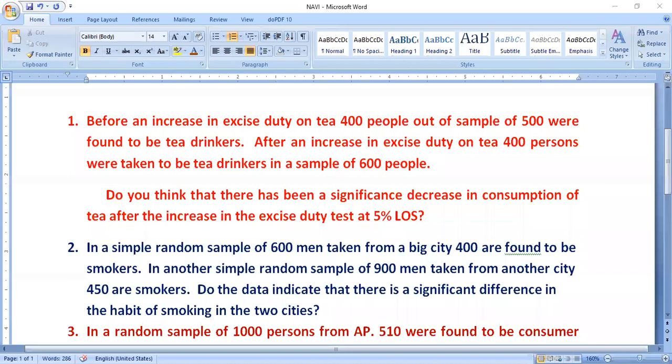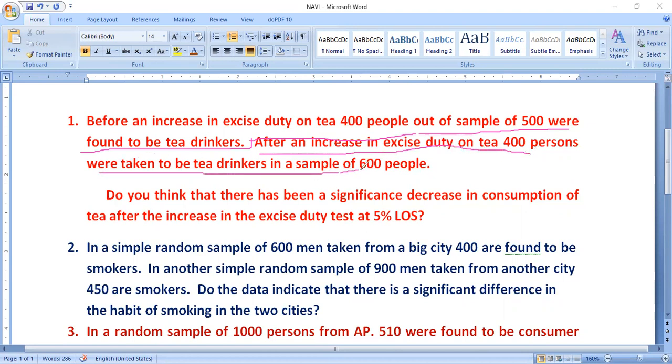In this question, we have to observe that two parts of information are given. In the previous class, we discussed one problem on this topic in detail, or you can see it in the iCard also here. The class is available. Okay, observe carefully here. Till here, the information of tea drinkers before an increase in excise duty, and this information after an increase in excise duty.